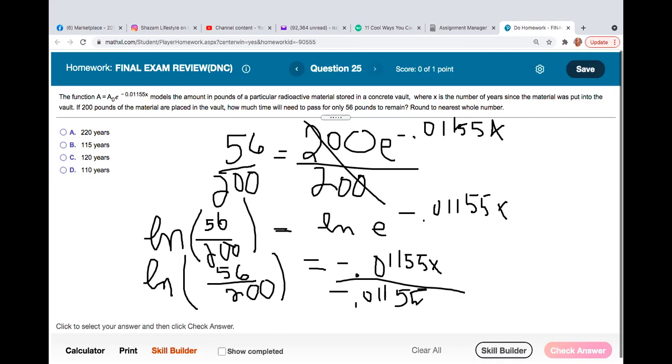Grab your calculators and throw this on the calculator to get your answer, the length of time it's going to take for 56 pounds of this substance to remain. Be careful when you're typing in that natural log. So you do natural log 56 divided by 200, close the parentheses, and then divided by negative 0.01155. Bam. There's the answer.